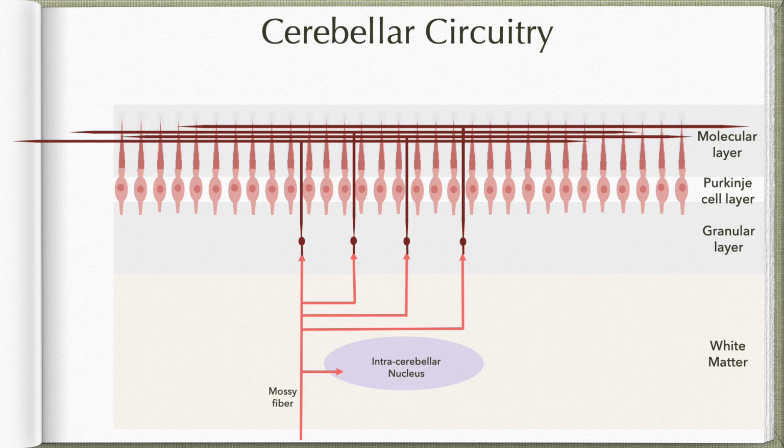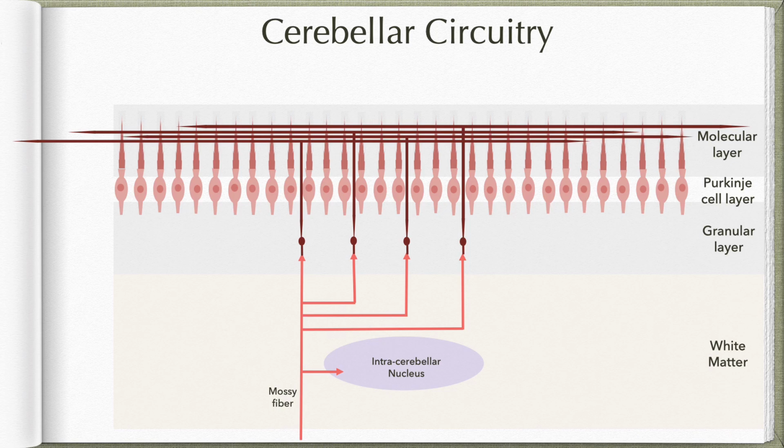Then each branch will synapse with one granule cell, which will then divide into two branches. Each branch will be synapsing with 500 to 1000 Purkinje cells. So a single mossy fiber is capable of exciting about 100,000 Purkinje cells. With each Purkinje cell, the parallel fibers will make only a single synapse.